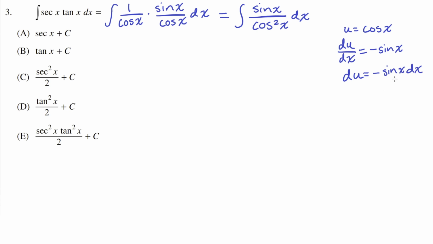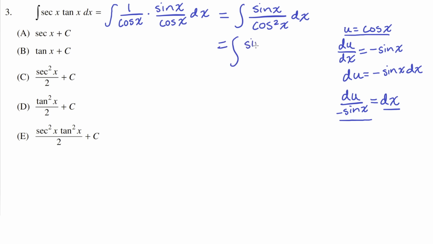And then if we divide both sides by negative sine x, we'll have du over negative sine x equals dx. So when u equals cosine x, dx equals du over negative sine x. So we'll plug both of these into our integral.